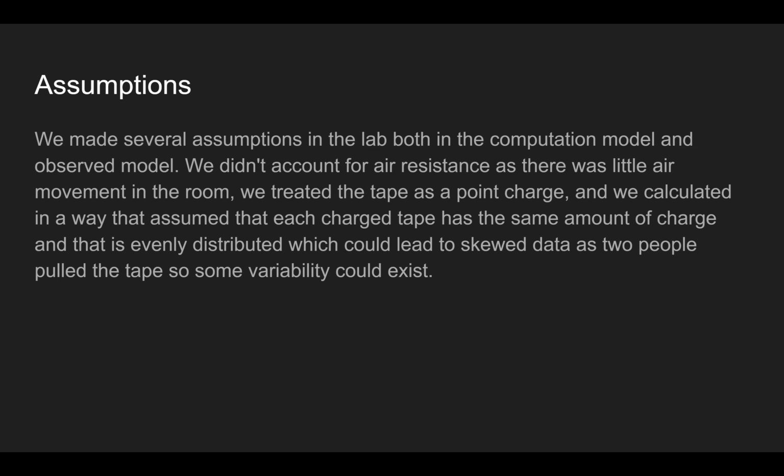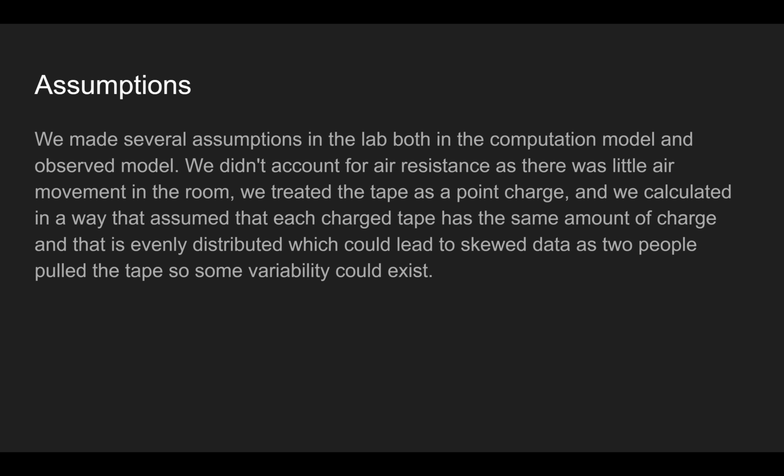And then we treated the tape as a point charge, and we calculated it in a way that assumed that each charge tape has the same amount of charge, and that it is evenly distributed. Of course, since our fingers are on the ends, the ends of the tape will probably have less charge than the middle. So we did make an assumption that the charge was evenly distributed.